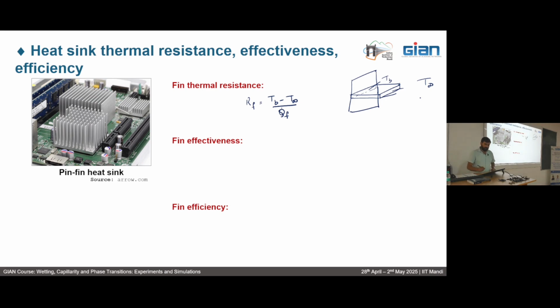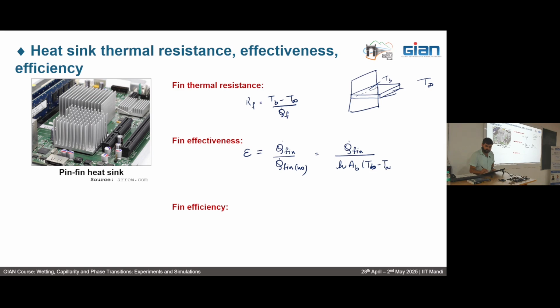The fin effectiveness is usually given by epsilon, and it is the ratio of the heat transferred from the fin to the heat transfer when there is no fin, right?